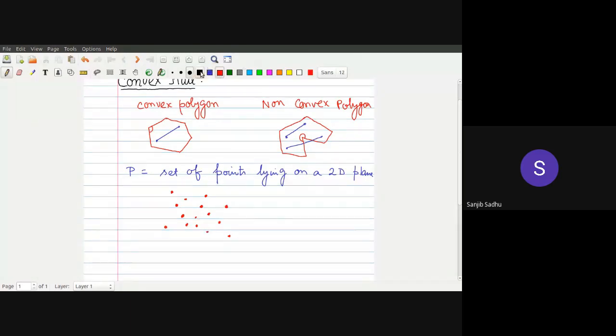Now you see, convex hull is also a convex polygon. The convex hull of a point set, otherwise it is not defined.